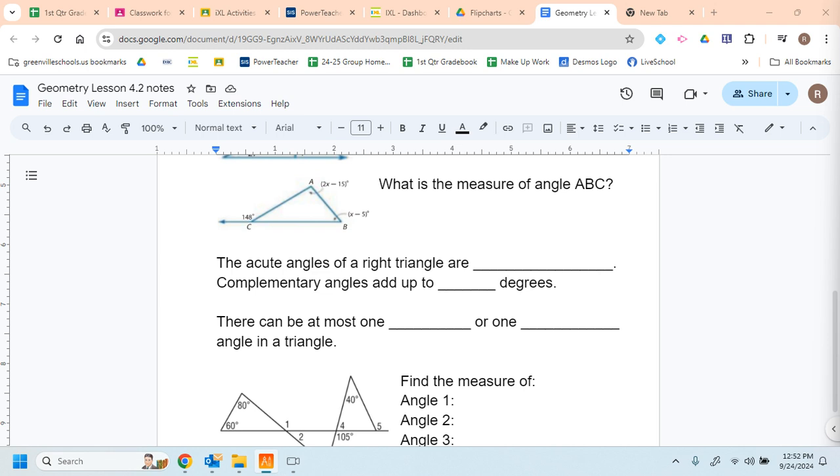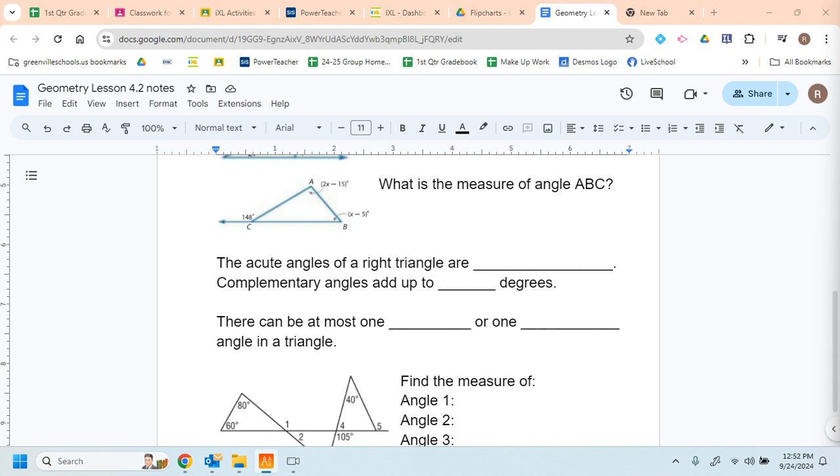We know that angle 2 right here is adjacent to angle 1, and remember, they form a straight line, so that's 180 degrees minus 140 degrees, which gives us that angle 2 is 40 degrees.